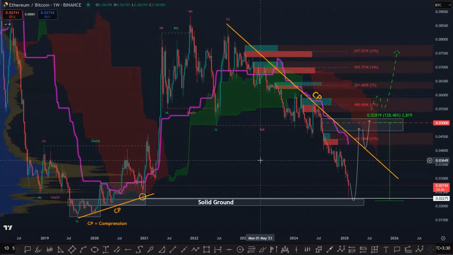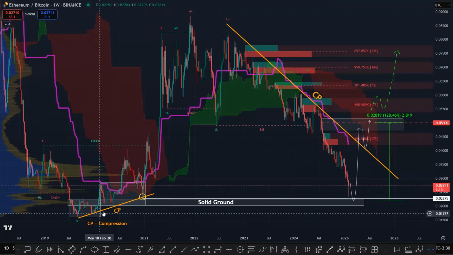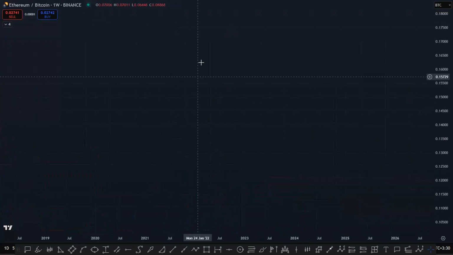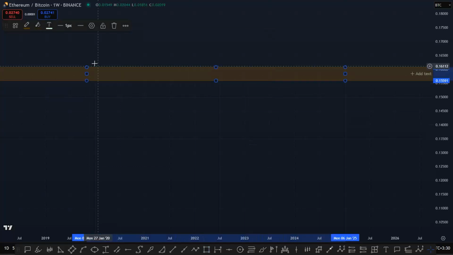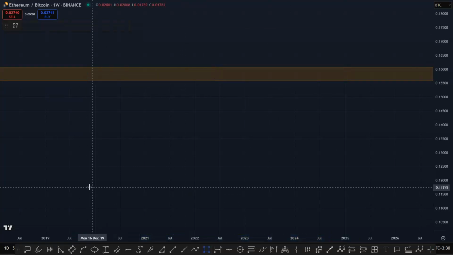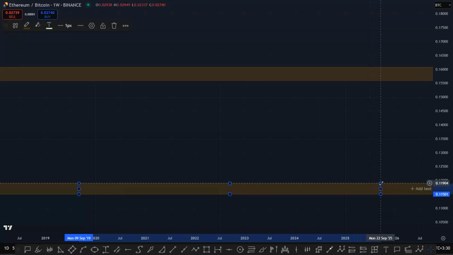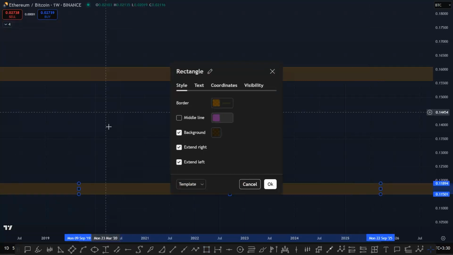Guys, this is Ethereum BTC in the weekly time frame. And as I told in my tweet, this is a CP. What is a CP? Imagine we had, for example, an important supply zone, and imagine this is a demand zone.